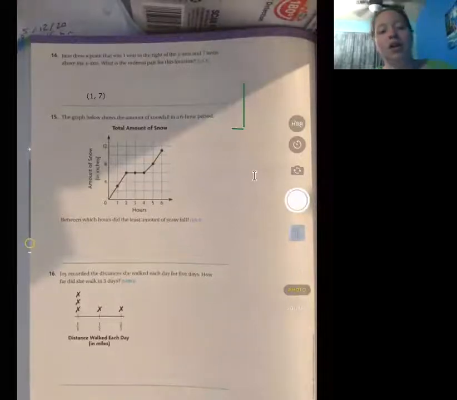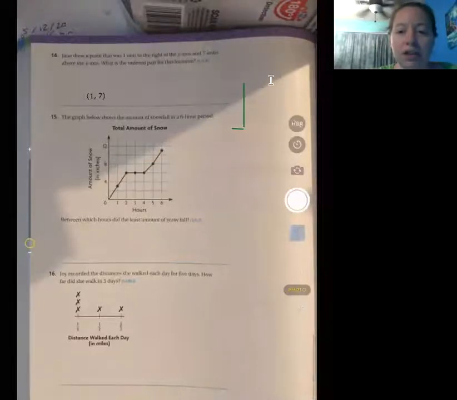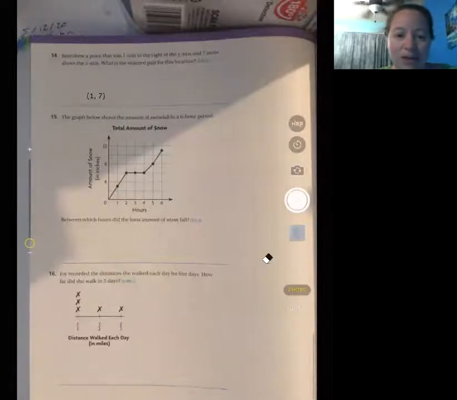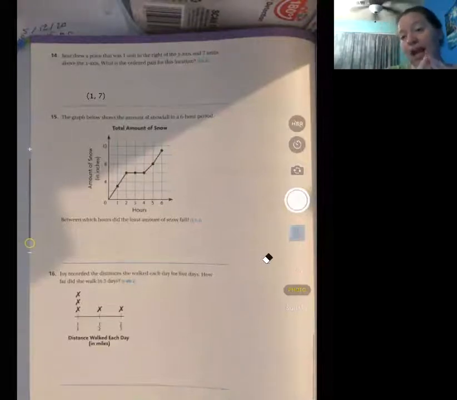All right. So this graph shows the amount of snowfall in a 6-hour period. Between which hours did the least amount of snow fall? So there's a point at which no new snow is coming. Every time it goes up, that means new snow is coming.